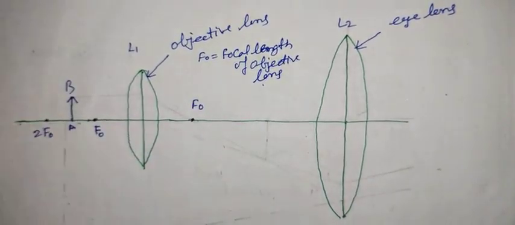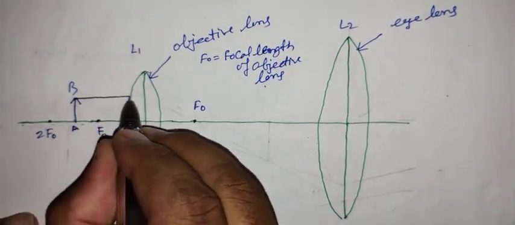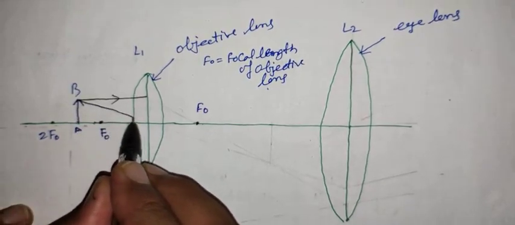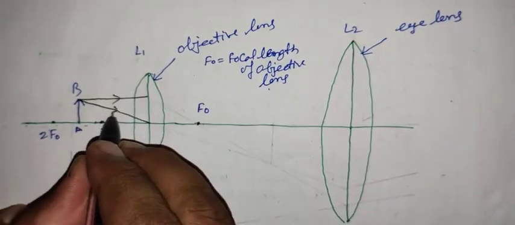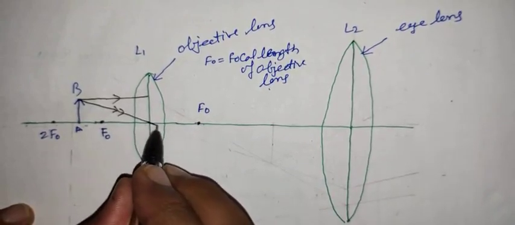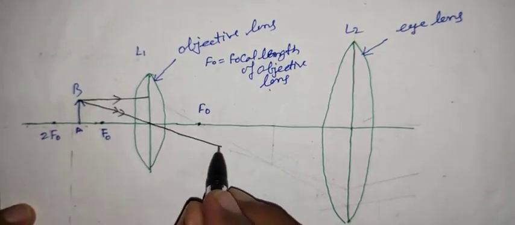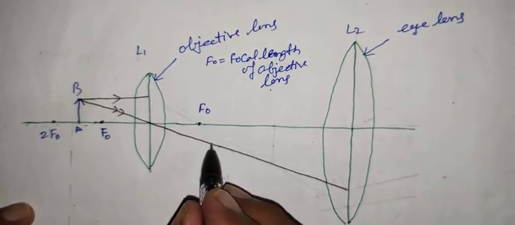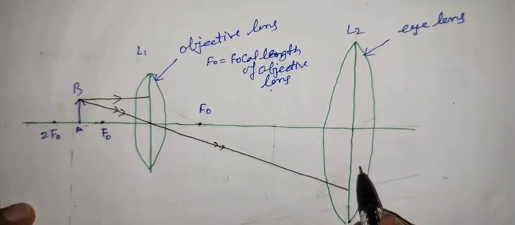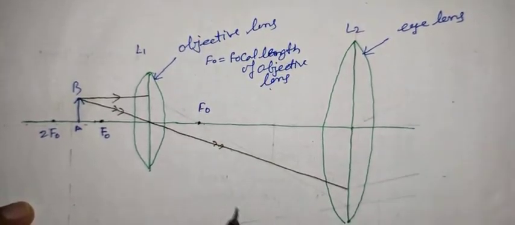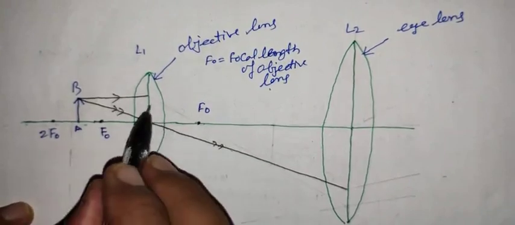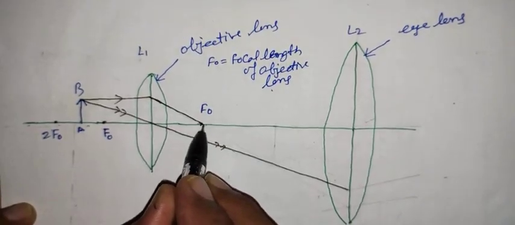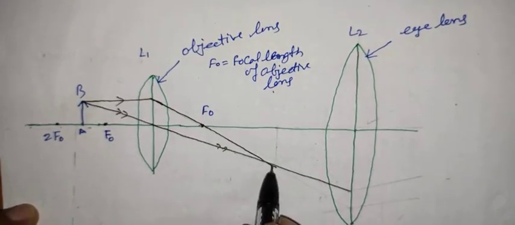For it, we will select two rays of light, one parallel to the principal axis, another passing through the optical center. The light which passes through the optical center is undeviated and directly falls on the eyepiece, and the ray which is parallel to the principal axis, according to the rule, always passes through the focal point.